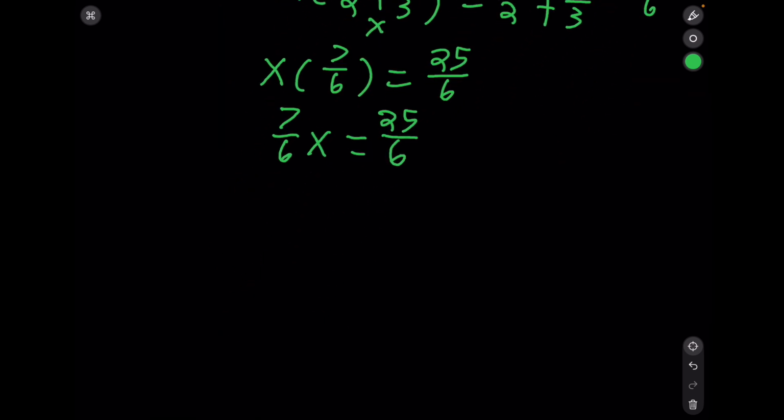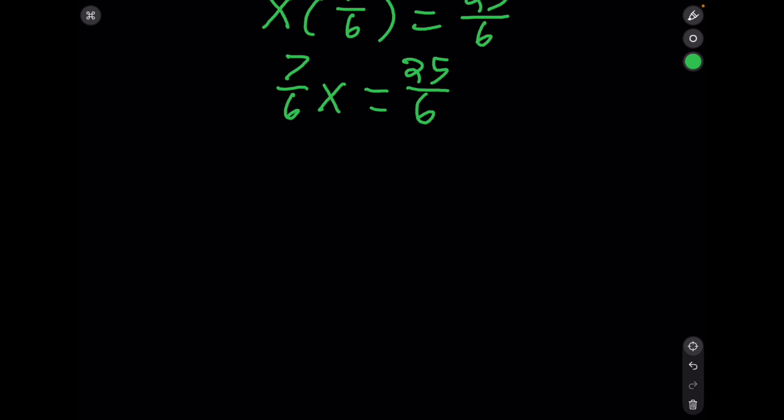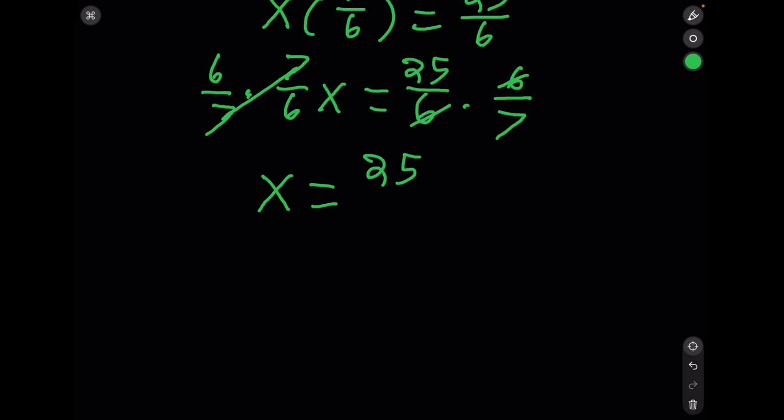And now, just like the few other problems, you do the reciprocal. This cancels out to just be 1. And the 6 actually cancels out, which is perfect. So now you're only left with 25 over 7 as your answer.